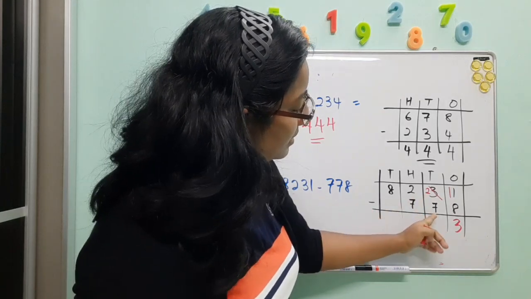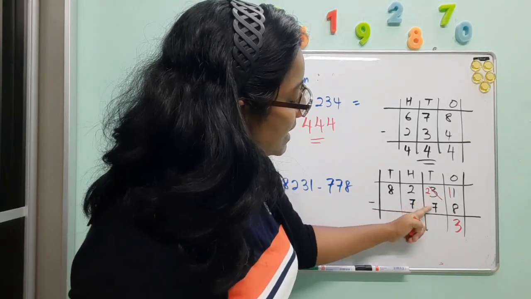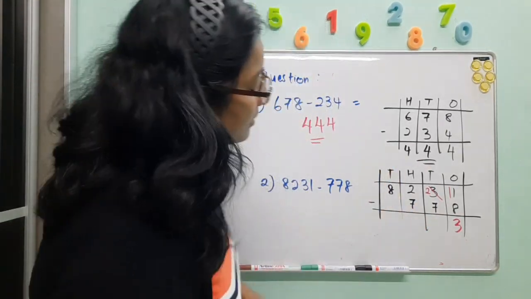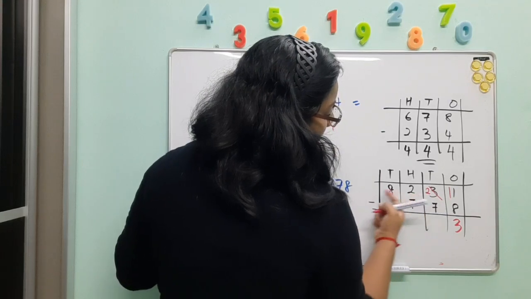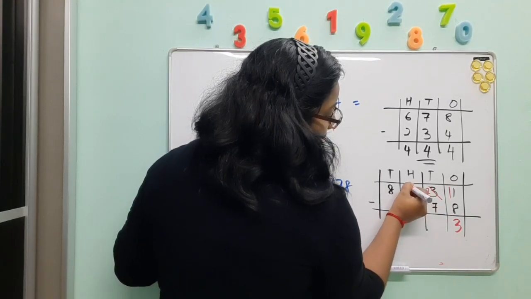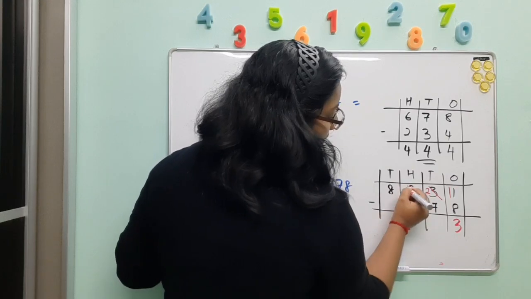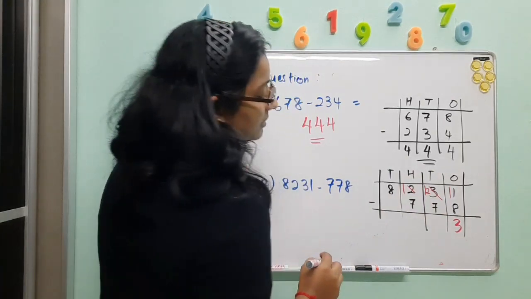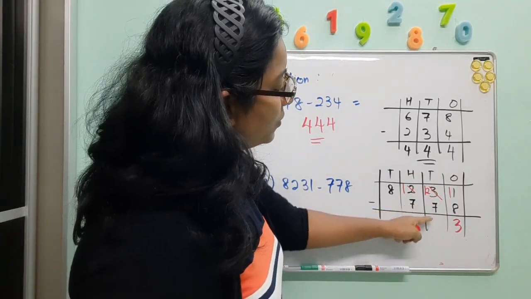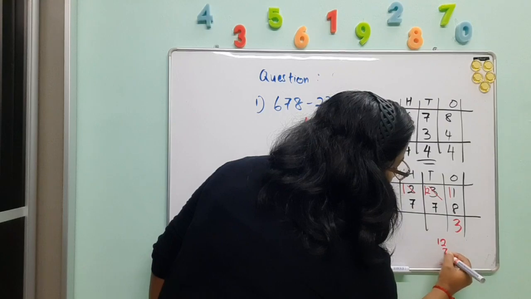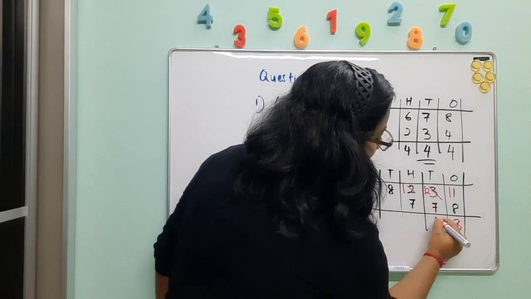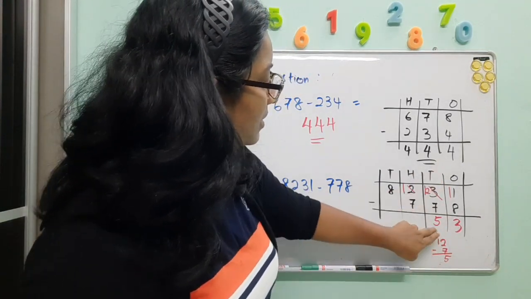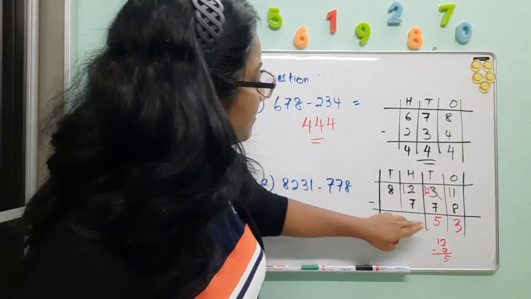2 minus 7, and again 2 is less than 7. Now we're going to borrow from the next place. 2, borrow 1, becomes 1, and we're going to add 1 here. It becomes 12. So 12 minus 7 is 5. Okay, we are done with the second column.